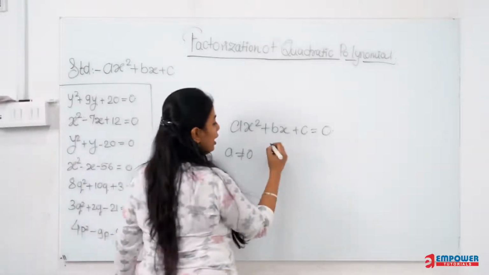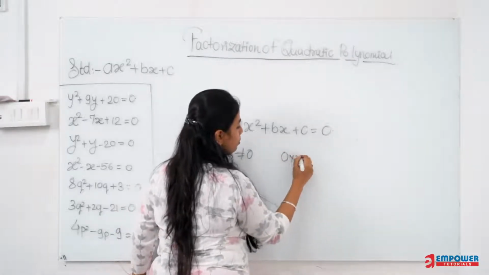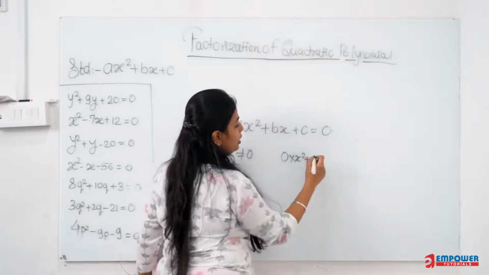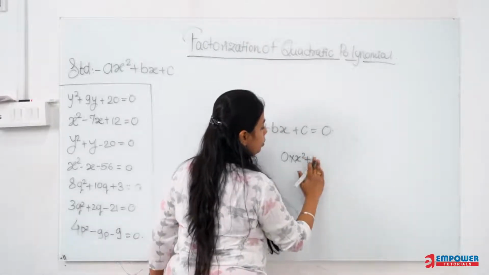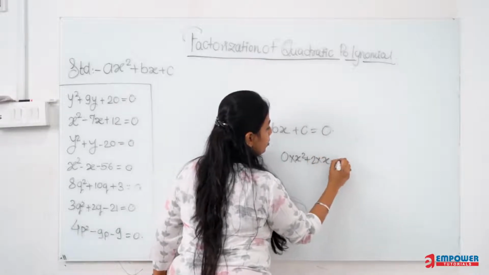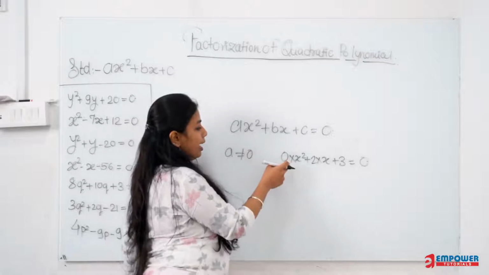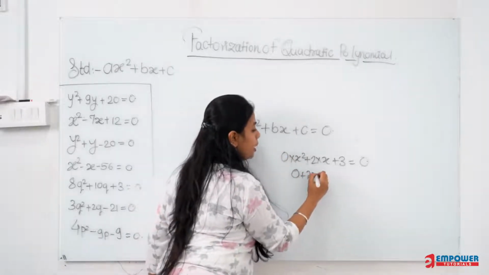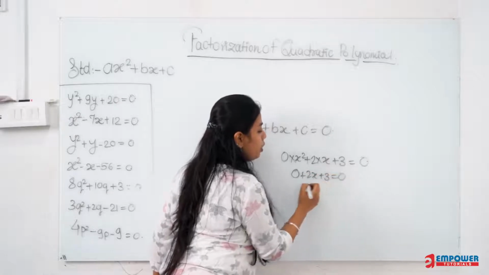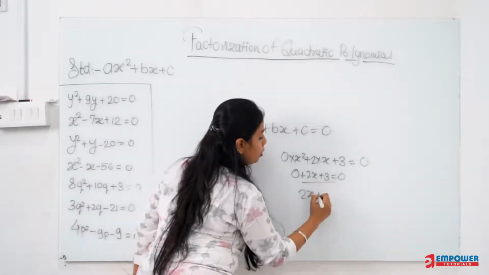If a is equal to 0, then it will be 0 into x square plus, let's say b is any number, that is 2x, so 2 into x plus 3 is equal to 0. So if we take a as 0, it will be 0 plus 2x plus 3 is equal to 0. So this won't be your quadratic polynomial, this will be your linear polynomial.